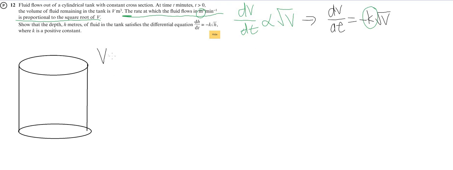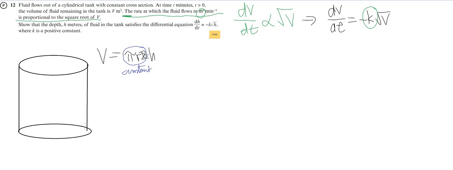Right, well, let's think about our object. We know that the volume of the cylinder is equal to pi r squared h. Now, as it has a constant cross section, that means that pi r squared is actually constant. It's not changing.